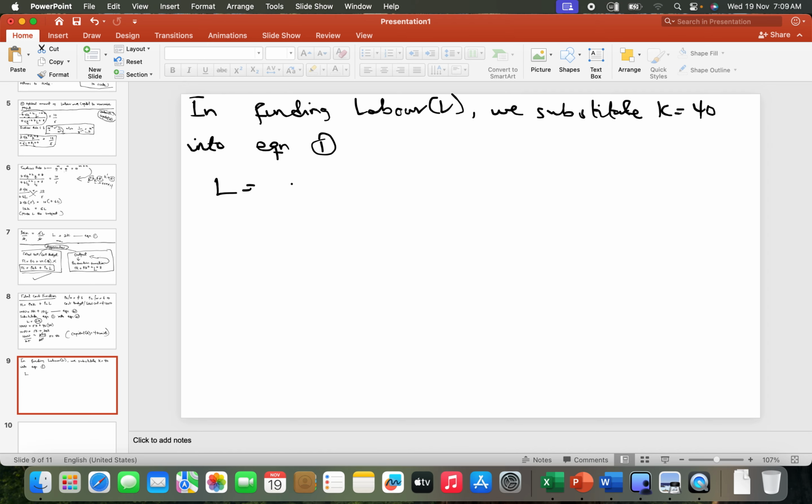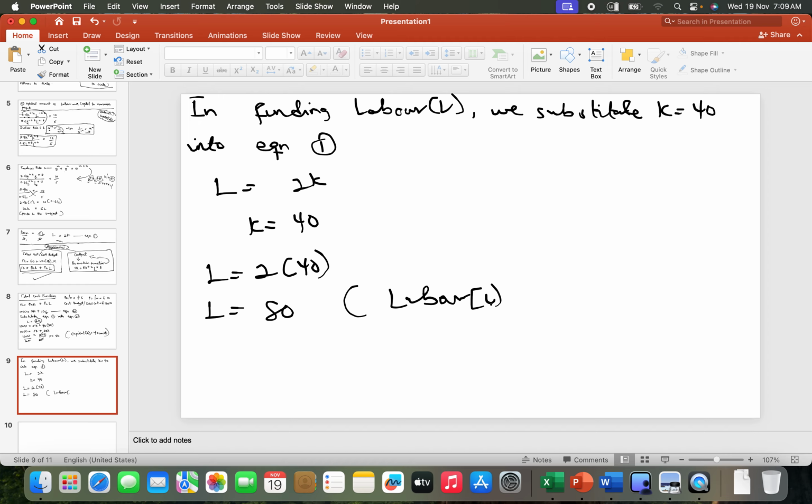So equation 1 was L is equal to 2K, where now we have K to be 40. So L is equal to 2 times 40. L is equal to 80. So labor in the question is 80 units. This is labor. The previous one was capital.